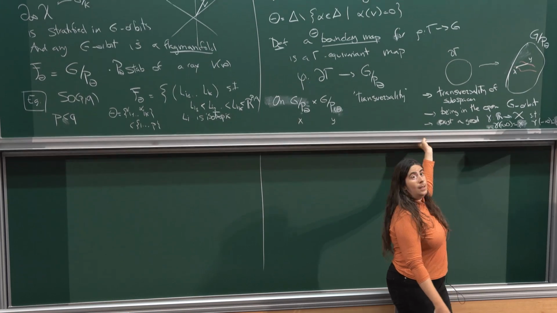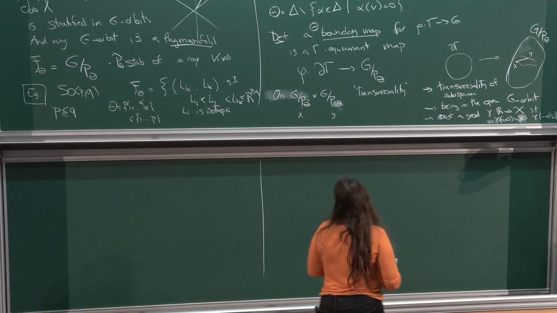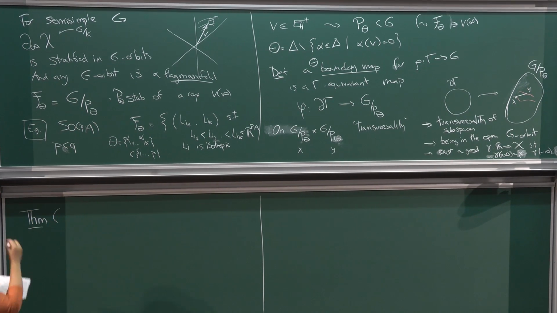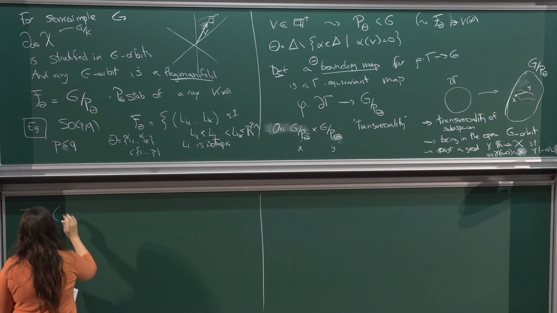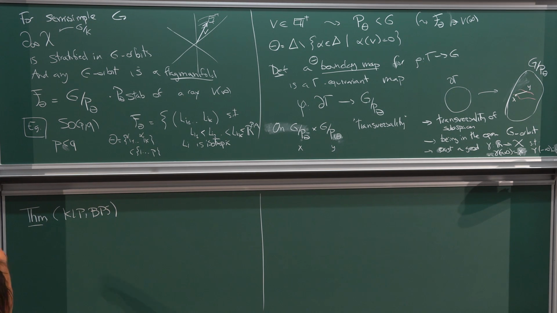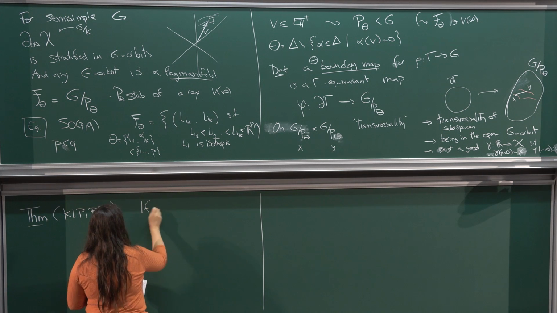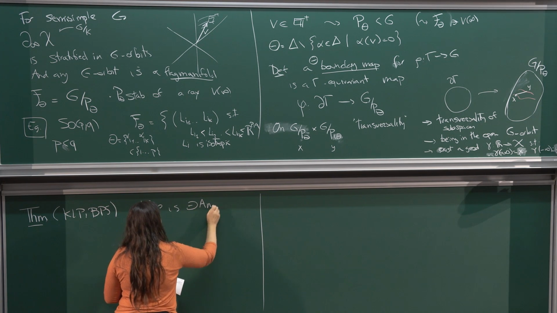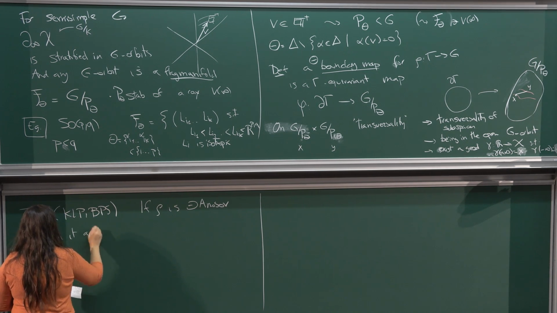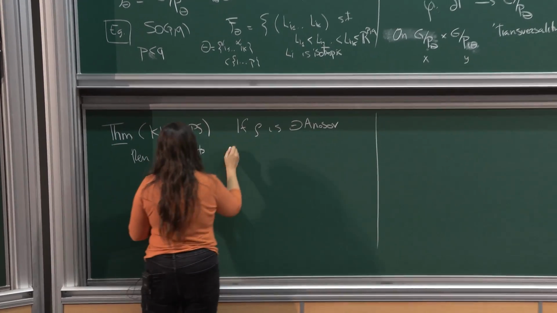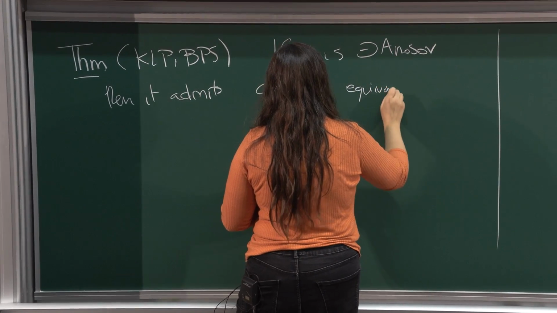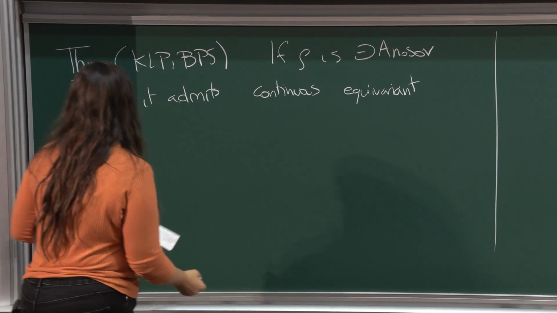Okay, so the theorem on which I wanted to finish yesterday, due by the same people in this generality, let me write KLP BPS, so this orders here, is that if rho is theta Anosov, then it admits a continuous equivariant transverse boundary map.